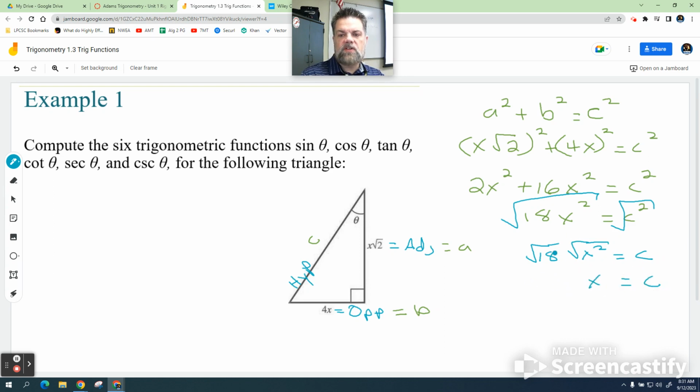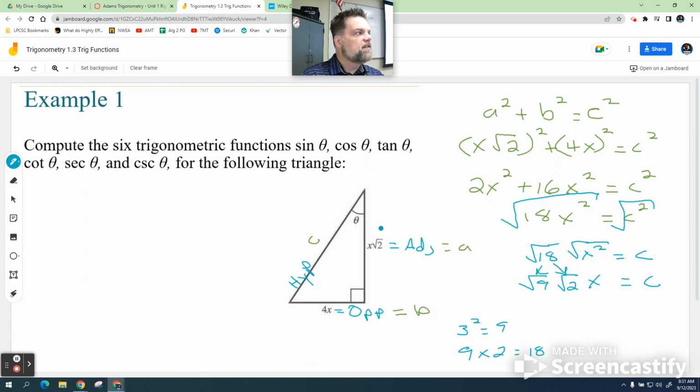And then I have to reduce this. Remember that 3 squared is equal to 9, and that 9 times 2 equals 18. In other words, I could split this up into the square root of 3. Oh, not 3. Getting ahead of myself. The square root of 9 times the square root of 2. That's the properties of radicals.